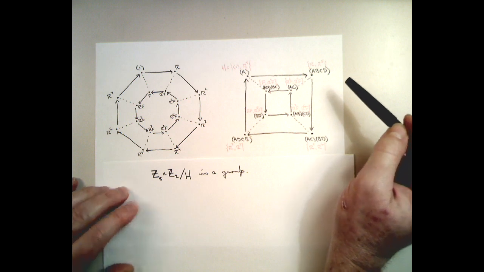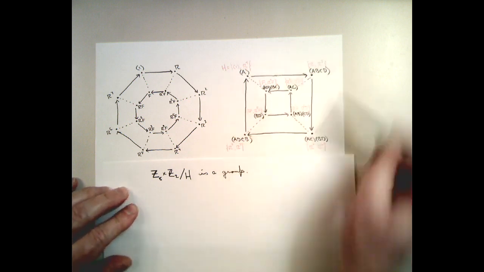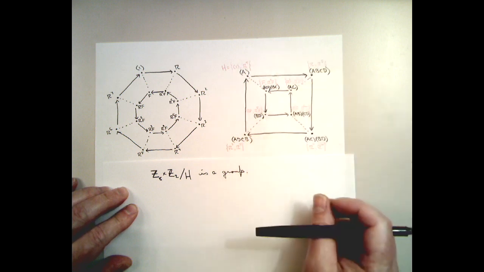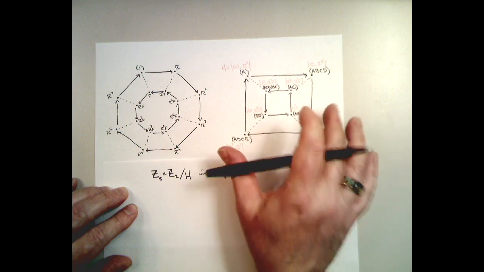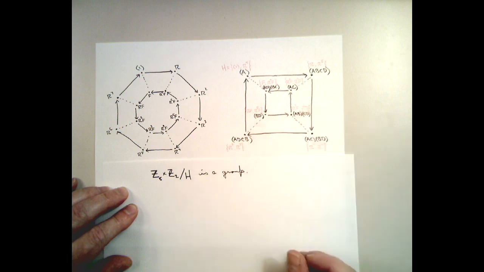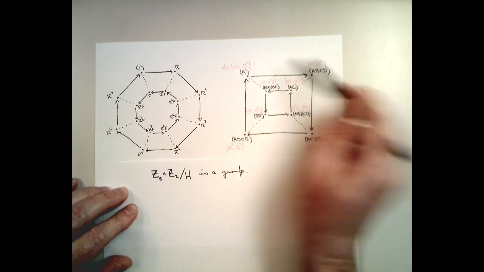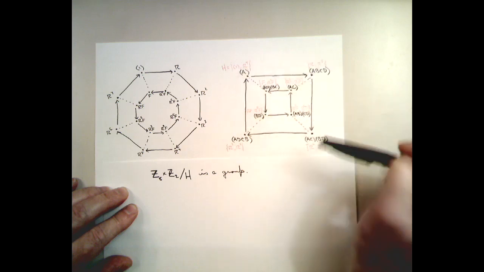Well, just by the fact that I was able to arrange these cosets on top of the Cayley graph of Z4 cross Z2, that tells me a couple of things. Notice none of these are duplicated, right? Each of these cosets is distinct.